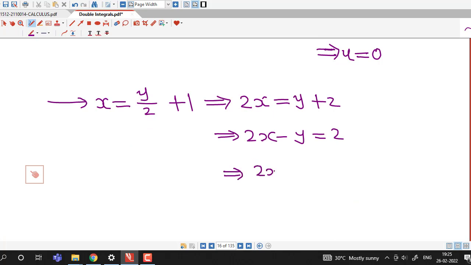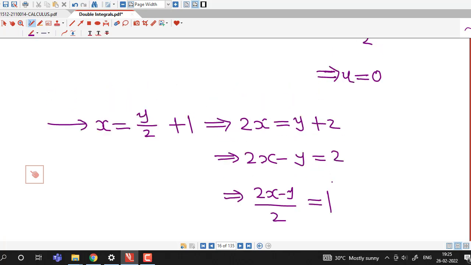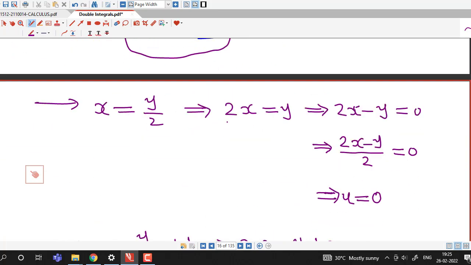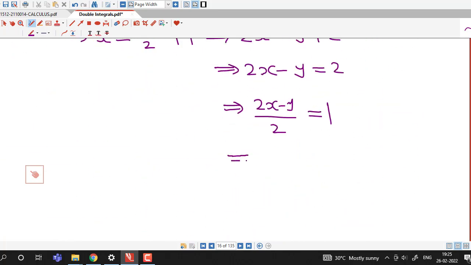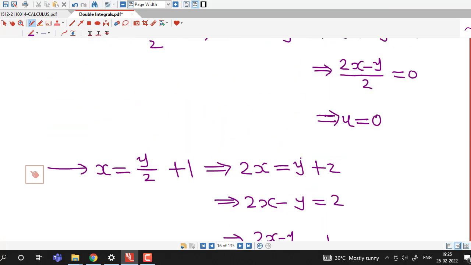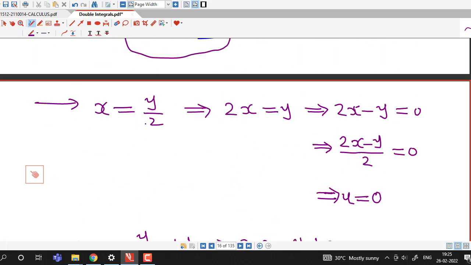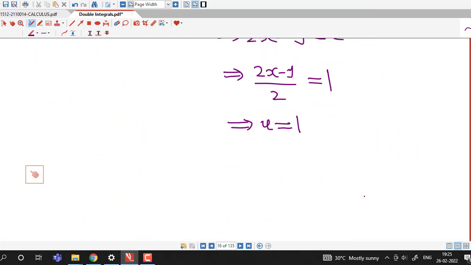And from this, if I divide by 2, I will have (2x minus y) by 2 equal to 1, and (2x minus y) by 2 is u. So this is converted into u equal to 1. x equal to y by 2 plus 1 is converted into u equal to 1. x equal to y by 2 is converted into u equal to 0.